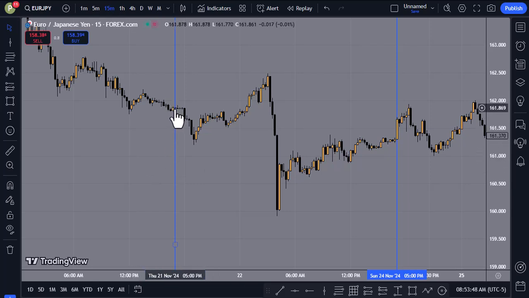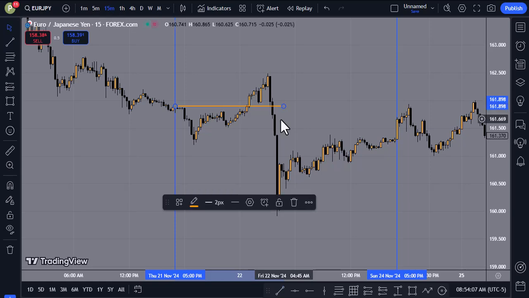Price opened here, watch, opened here. Now we had some trade, it was just so slow, nothing was happening. All of a sudden, watch, this is the open, remember. Price opened here and watch how price went this way.